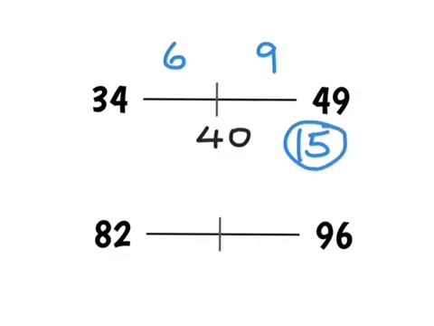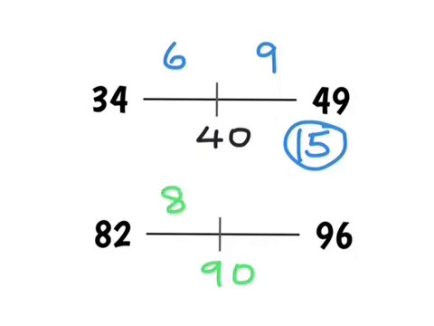By now you should be able to think these numbers in your head. So the gap between 82 and 96, I'm going to think what the next multiple of 10 is. And I don't need to write it down, I can just keep it in my brain. I'm going to think what the gap between 82 and 90 is. I don't actually need to write it down because I should be able to hold that number in my brain.